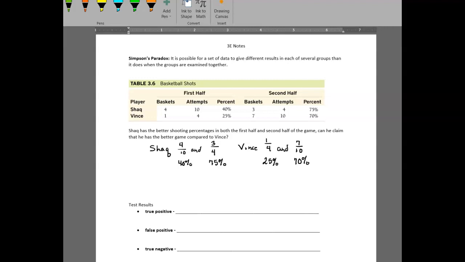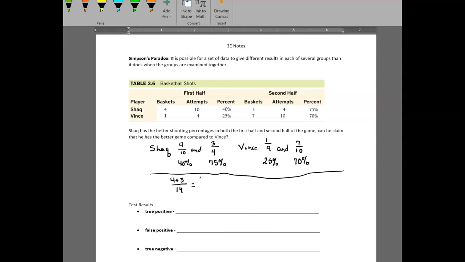That's what we said here. But can he claim that he has the better game compared to Vince? Well, looking at the game, now we want to look at the total. So Shaq has a total of 4 plus 3, his first half and second half, out of a total of 14 attempts.